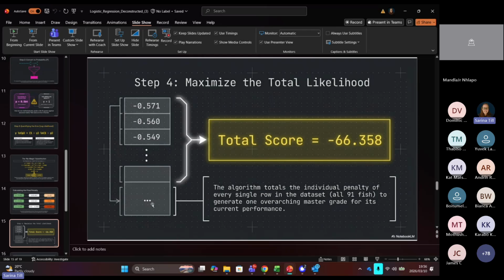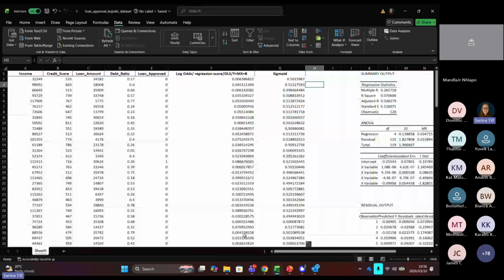The MLE, the maximum likelihood estimator, is how we can optimize this. So this was one guess, or one iteration, but we now know from gradient descent that we can actually tweak these values to get better and better.